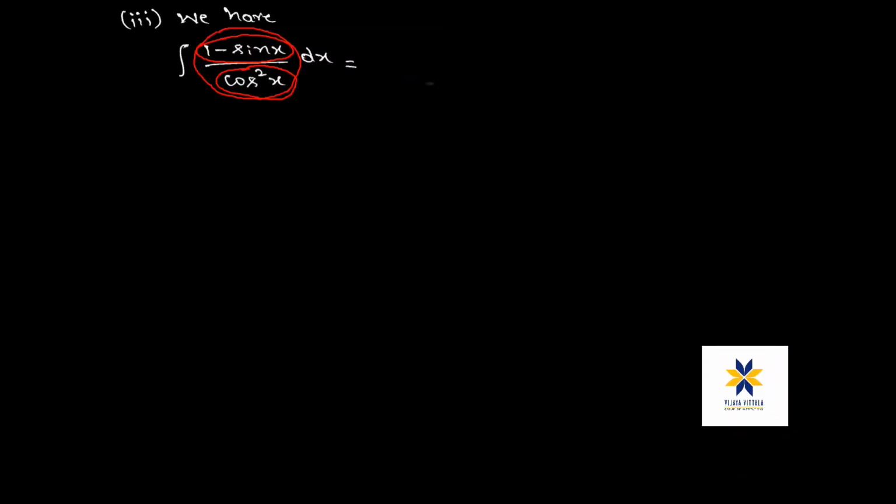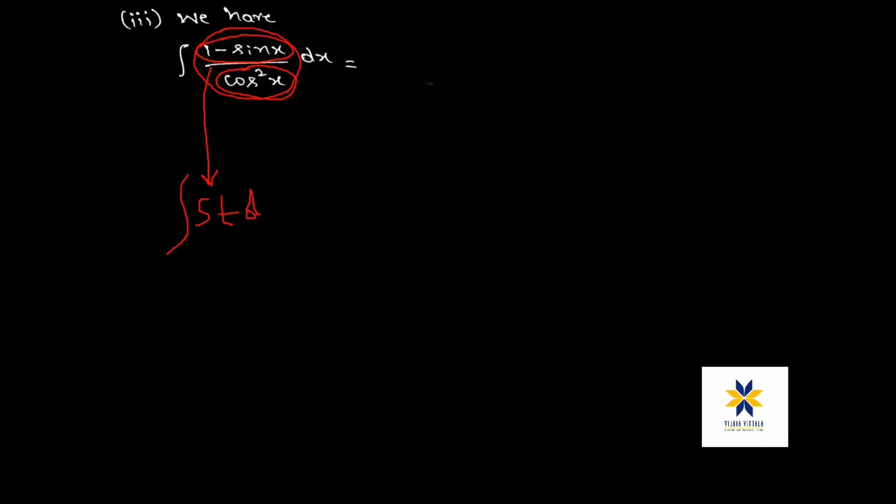But in integration we don't have any such rule for u by v. So we need to bring this function to the standard function, so that we can integrate that standard function.